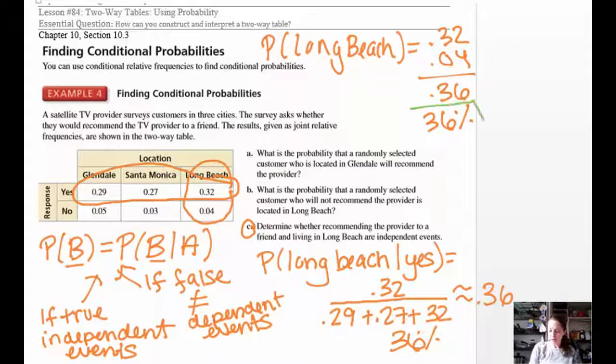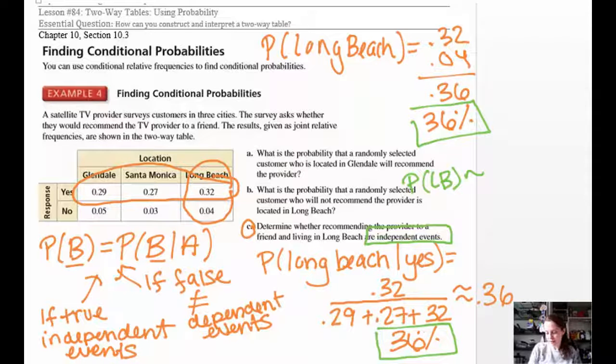So we are comparing 36% to 36%. Since those are the same, the yes did not affect the probability. Therefore, these are independent events. The probability of Long Beach is not exactly equal, there's some rounding that needed to happen, but it's approximately equal to the probability of Long Beach given yes. Therefore, we have independent events.